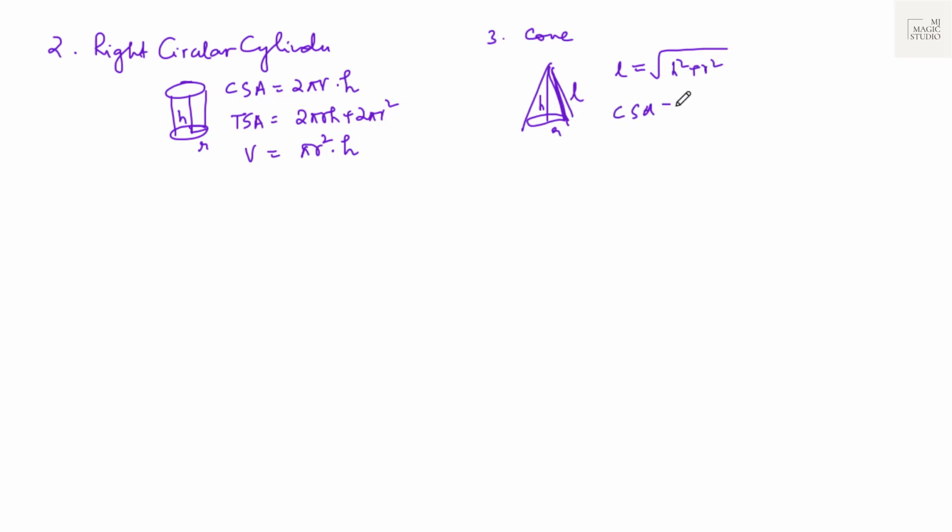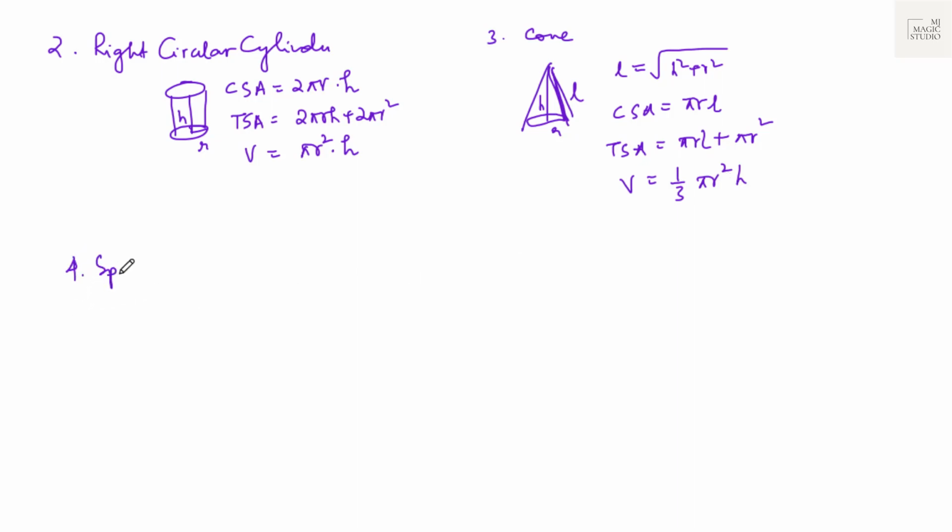Then curved surface area is pi r L. Total surface area is pi r L plus pi r square. And volume is 1/3 of pi r square. From a cylinder, we can take out 3 equal volume cones. Therefore, volume of right circular cone is 1/3 pi r square h.